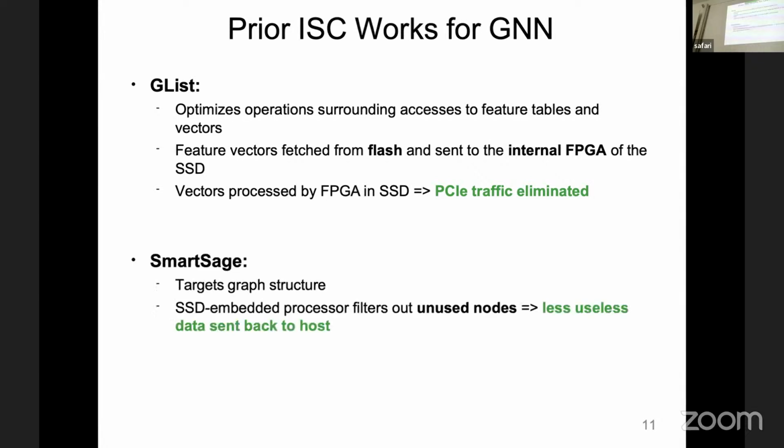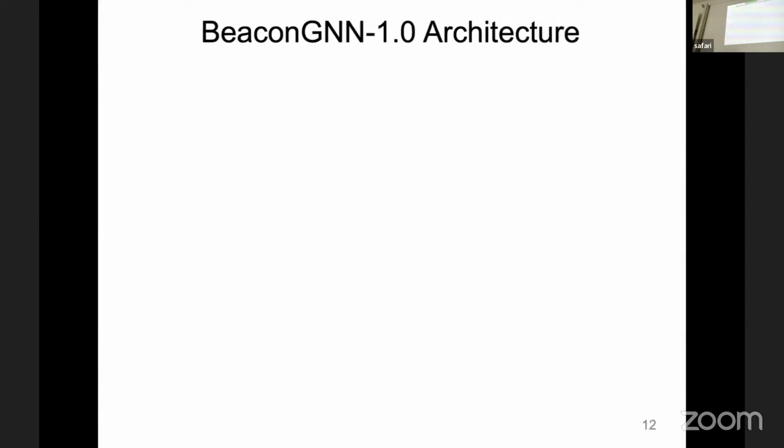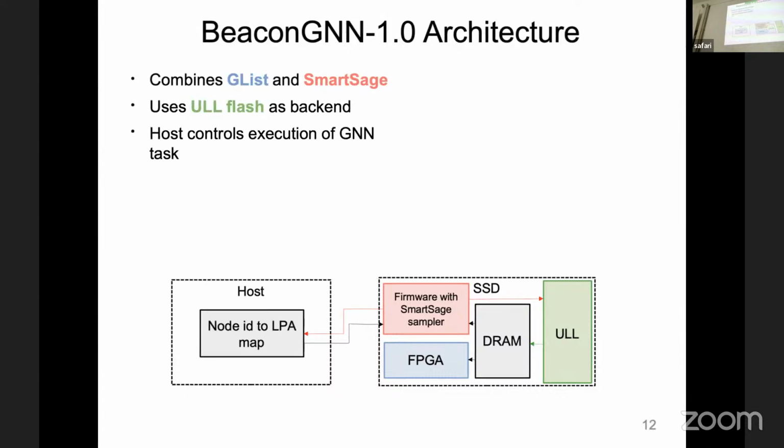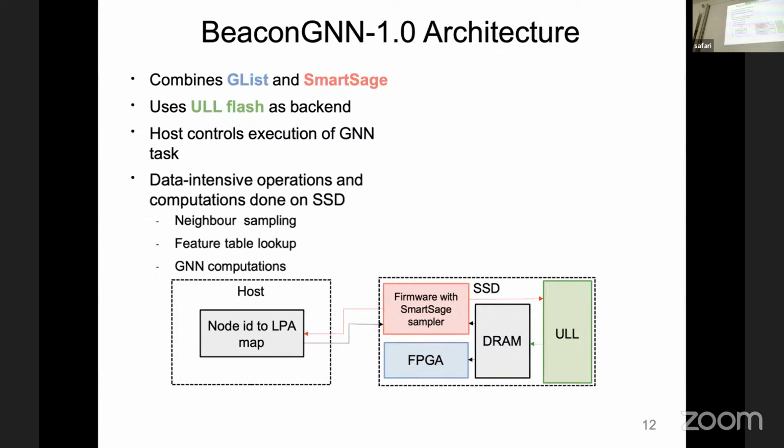The second work they heavily use is SmartStage, which is basically there to filter out nodes that are either not relevant or basically useless for the calculations you want to do. They take these techniques and combine them into a 1.0 architecture. Basically, the host still controls the entirety of the GNN training tasks, and all the data-intensive operations are done inside the SSD.